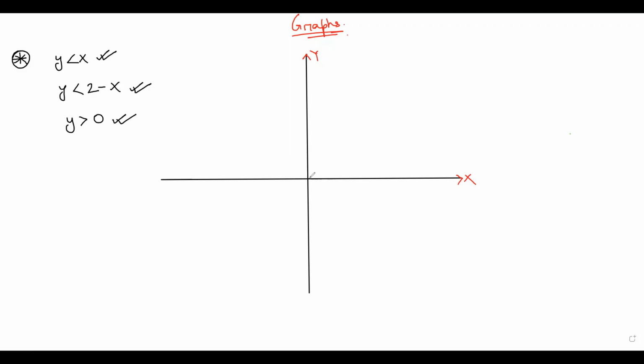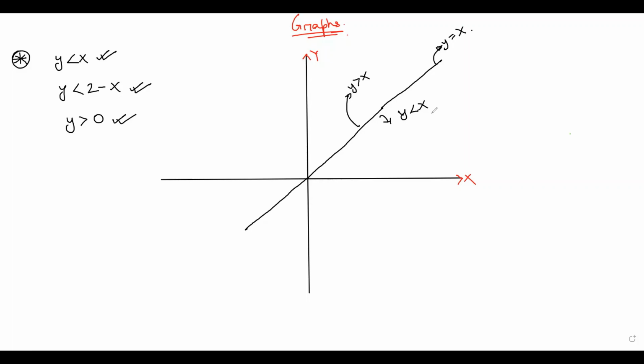For example, y equal to x would be this line, and this region will represent all values of y which would be lesser than x, and this region will represent all values of y which would be greater than x, and this is the line which is representing y equal to x.